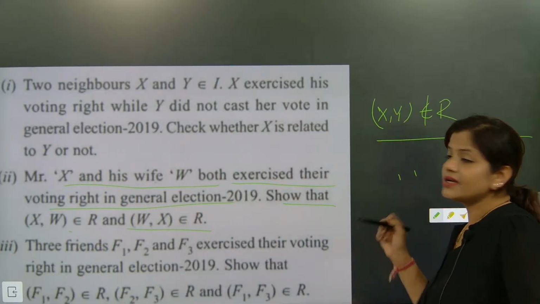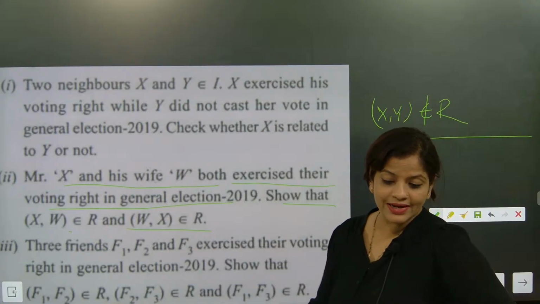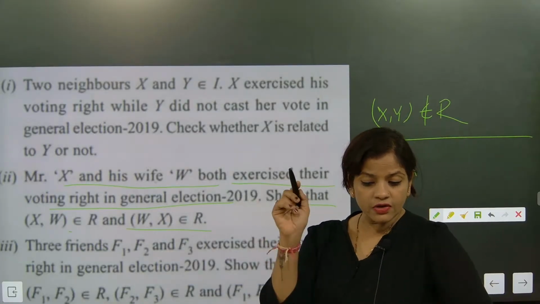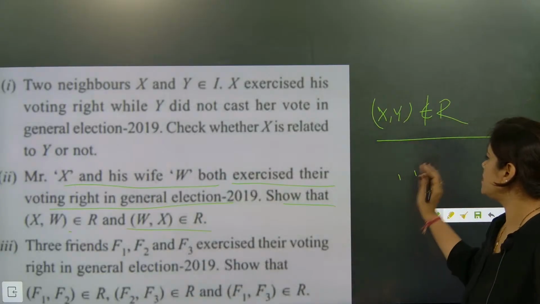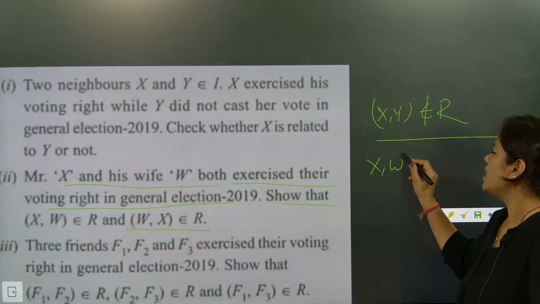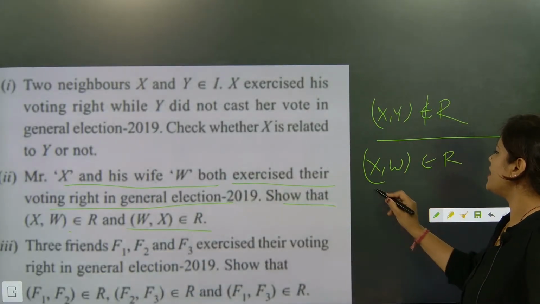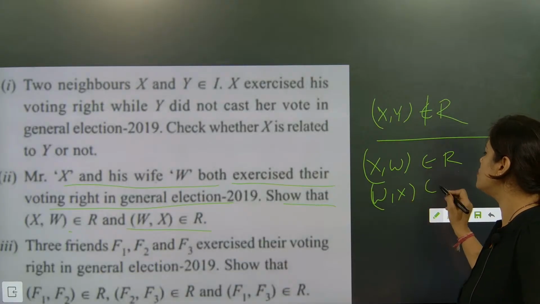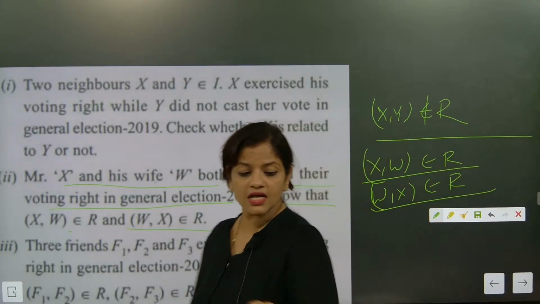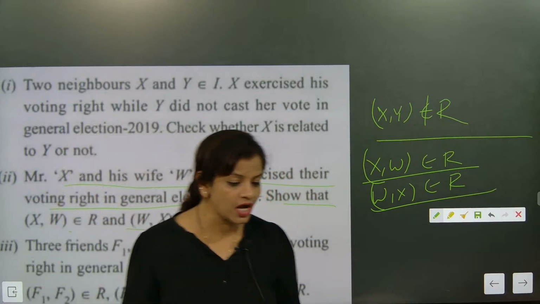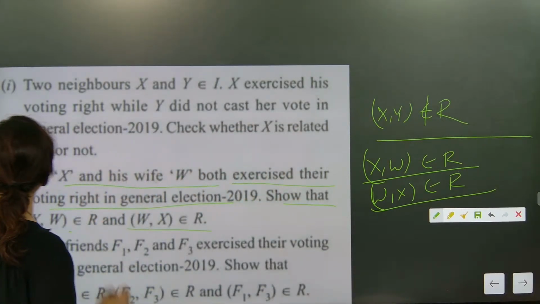But here it is about the relation in the election part. So listen very carefully: when X and W casting vote belongs to R, then W and X also belongs to R. That part is exactly there, reverse also, because they both are casting the vote. If they both are casting the vote, they both belong to the set.